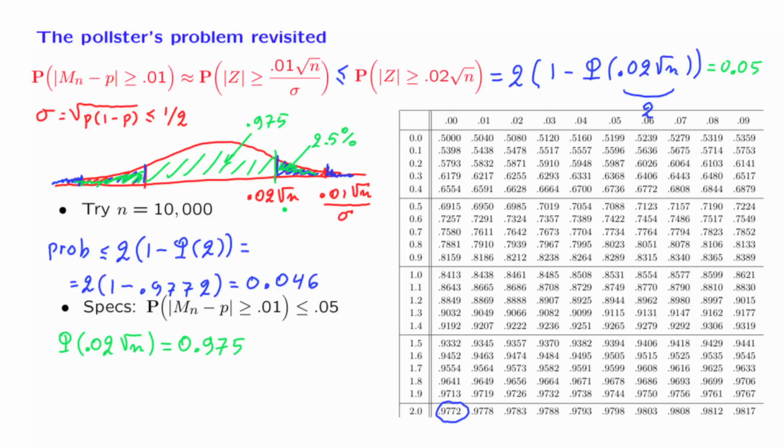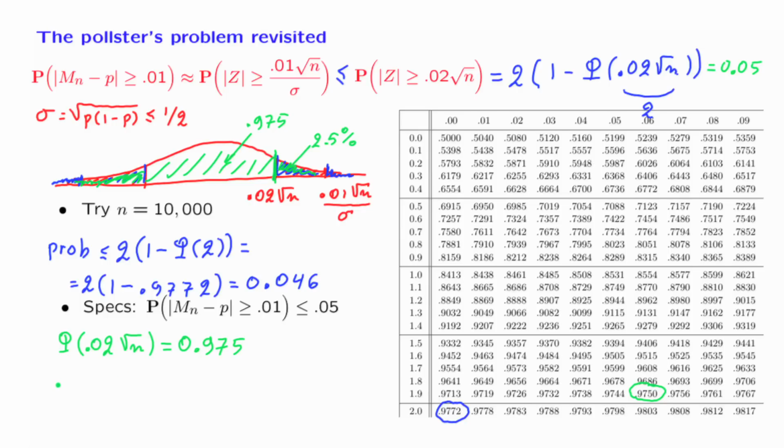This means, again, that we have to look at the standard normal table and ask what's the value for which the CDF is equal to 0.975. So we look around and we find 0.975 to be here, and it corresponds to 1.96.